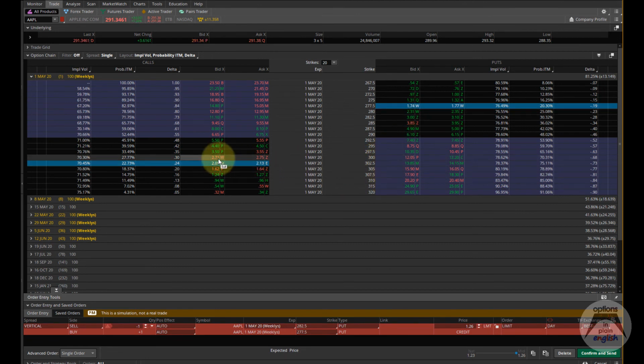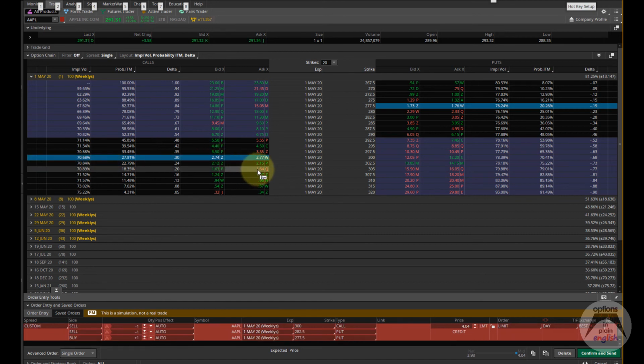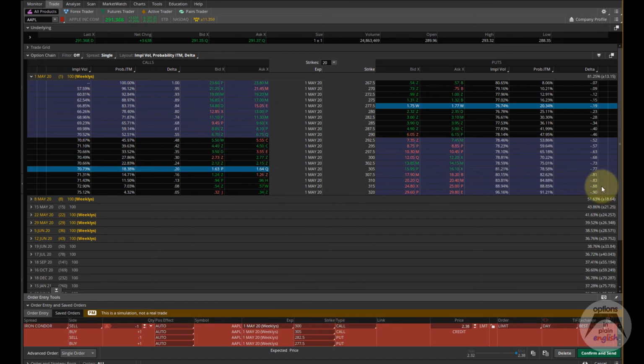So now I have, look at this, a position that is made up of the short put spread for the 280, 282 and a half, 277 and a half strikes. And then I have the 300, 305 call spread, short call spread on the call side.